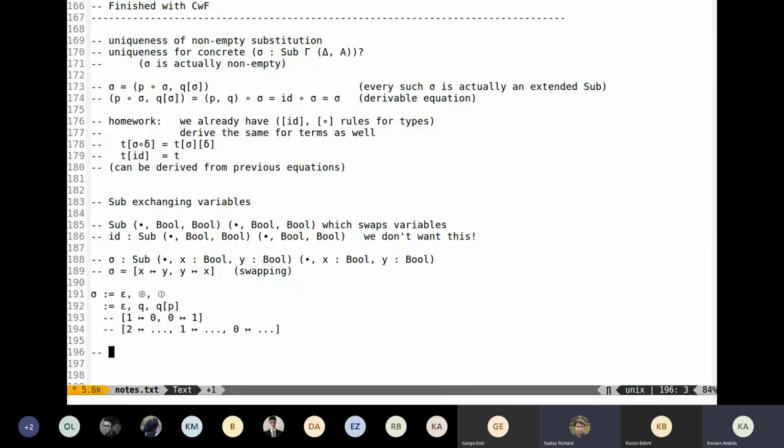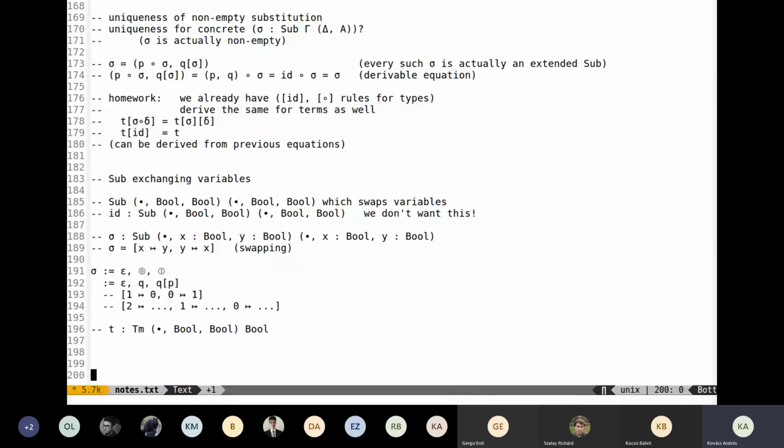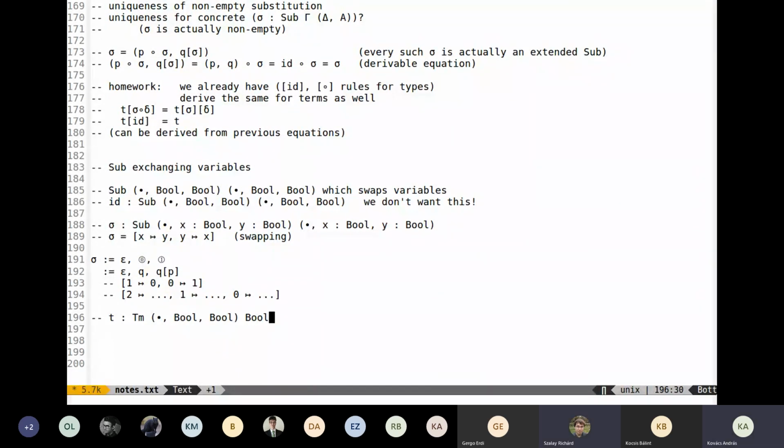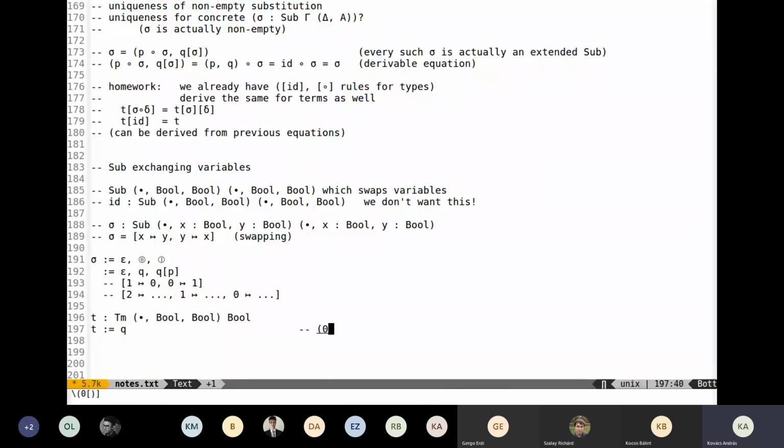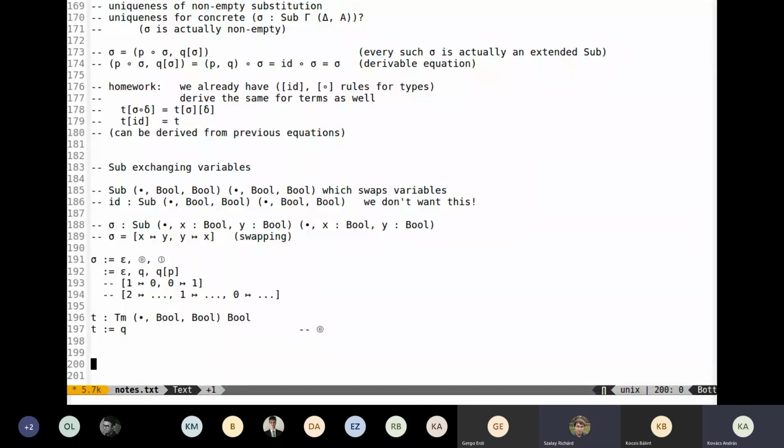So for example, let's have a term in bool with type bool. Let's define t to be q, the same as the 0 de Bruijn index.